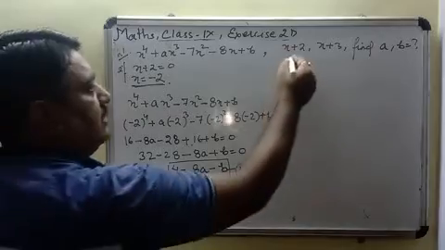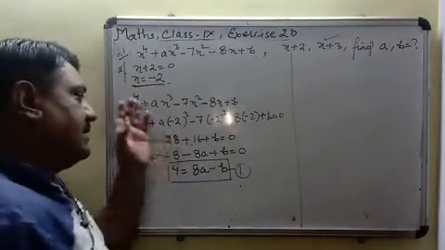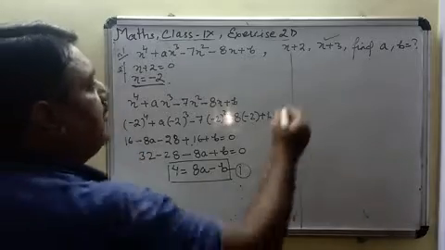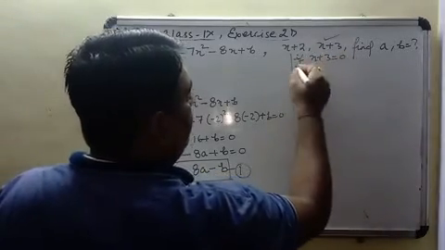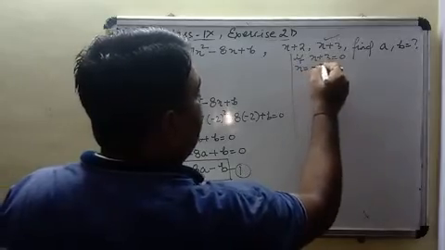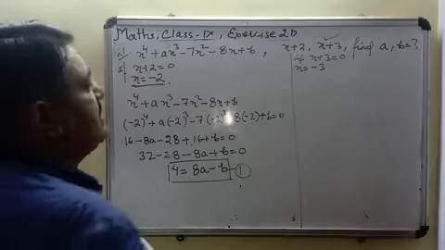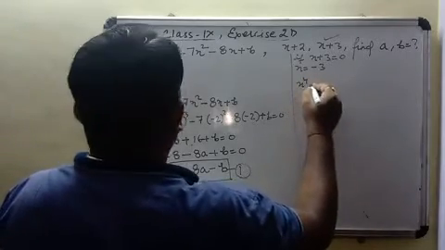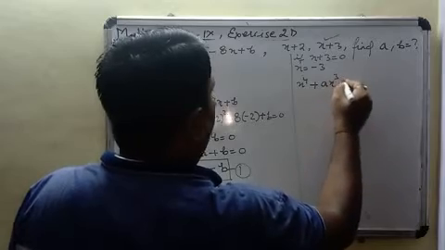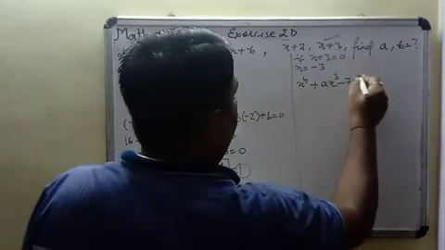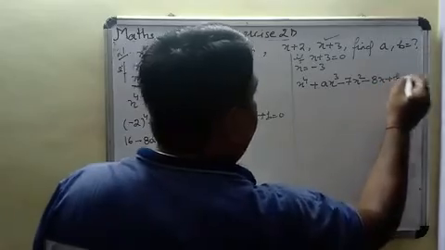Now second time, with this x plus 3 we will apply the same methodology. If x plus 3 is 0, therefore our x equals to minus 3. Now put the value of this x into this polynomial, which is saying that x power 4 plus ax cube minus 7x square minus 8x plus b.